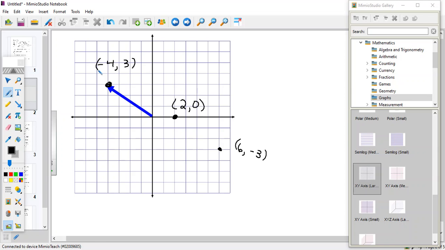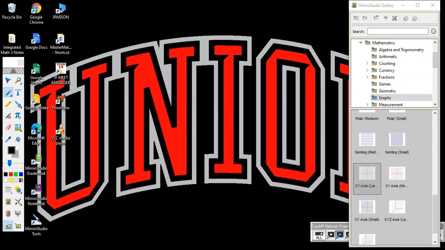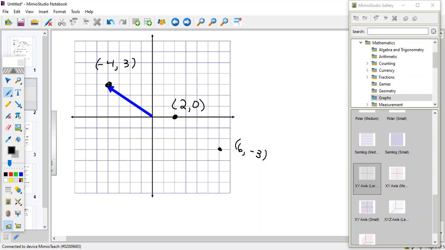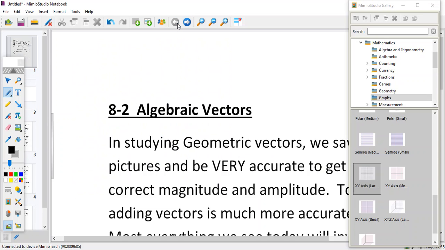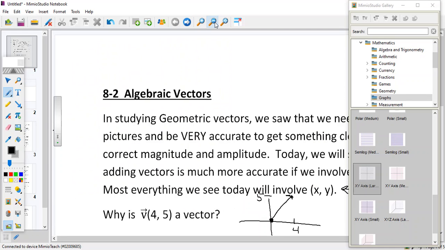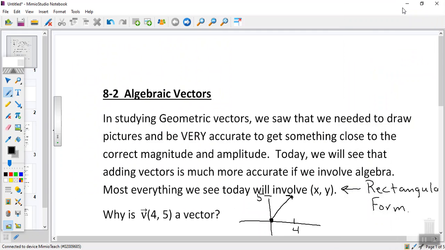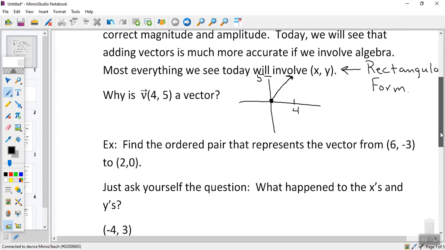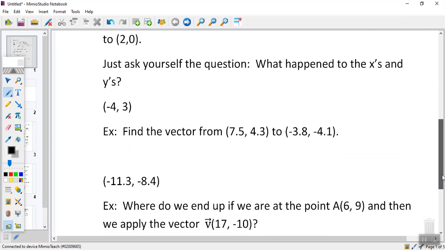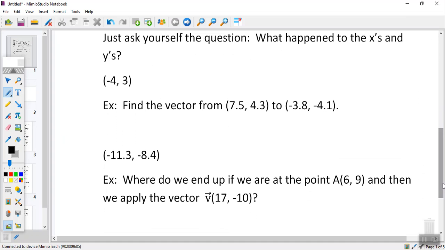Okay, so right here. It's right down here. Where do we end up? What happened to the x's and y's? We basically took the end point minus the starting point.